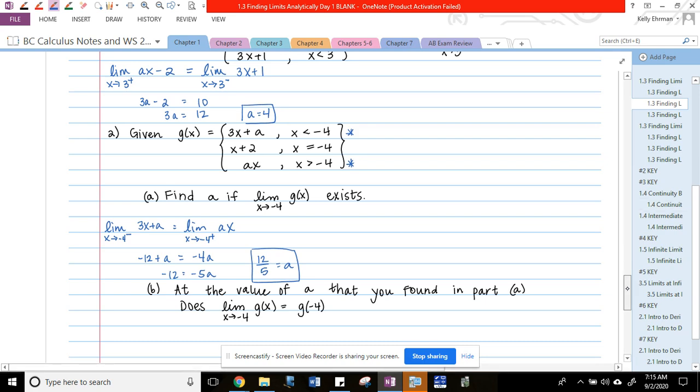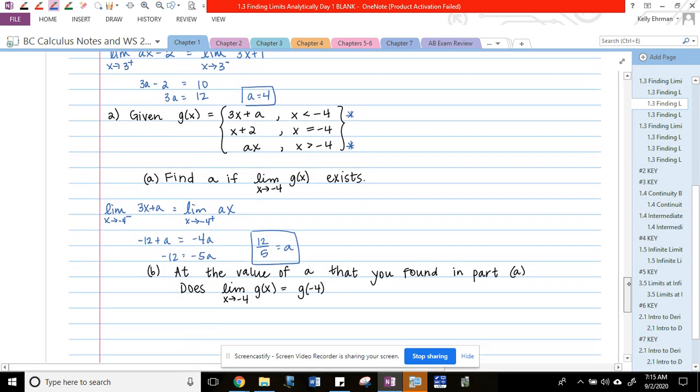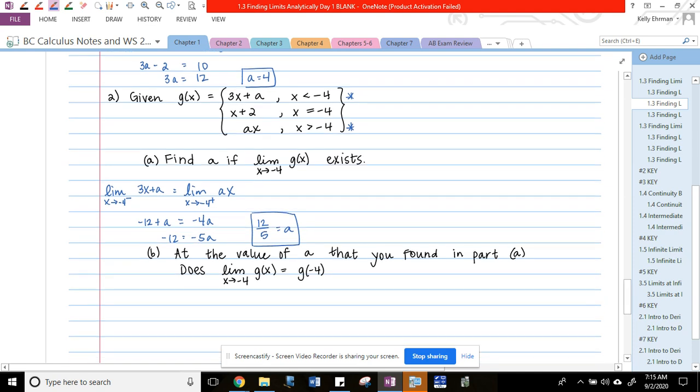Part B says, at the value of a that you found in part A, does the limit as x approaches negative 4 of g of x equal g of negative 4? So the value of a is not the limit value. It's just the missing piece to that equation. So now we have to find the limit. You don't have to plug it into both sides because it's been established that you're going to get the same answer no matter what.